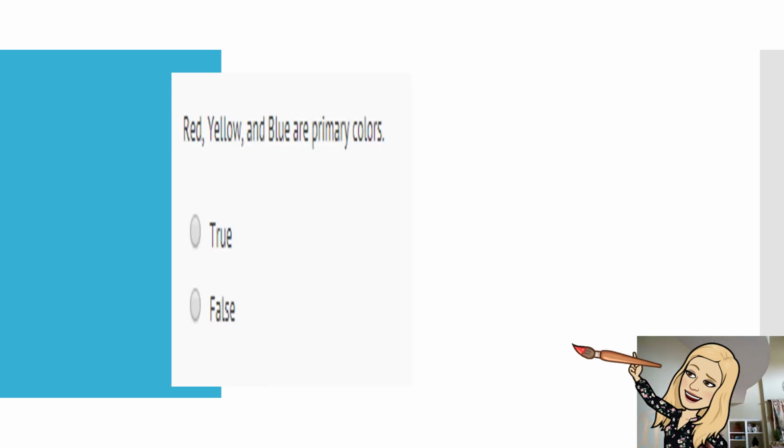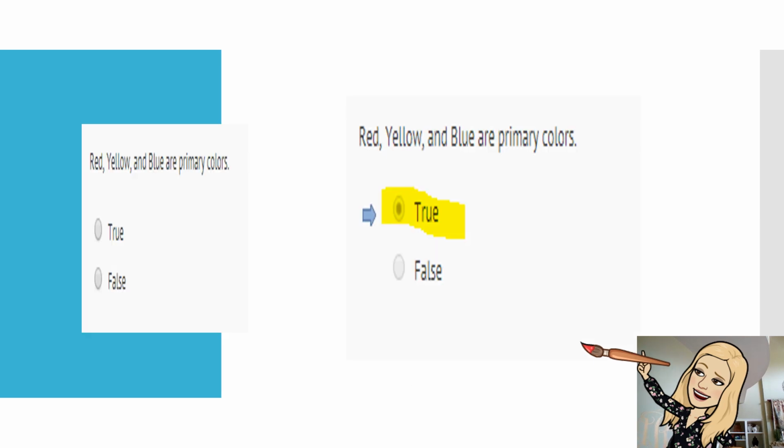Red, yellow, and blue are primary colors. Is this true or false? I hope that I get 100% on this question. Red, yellow, and blue are, of course, primary colors, and this is something that you probably learned when you were in elementary school.